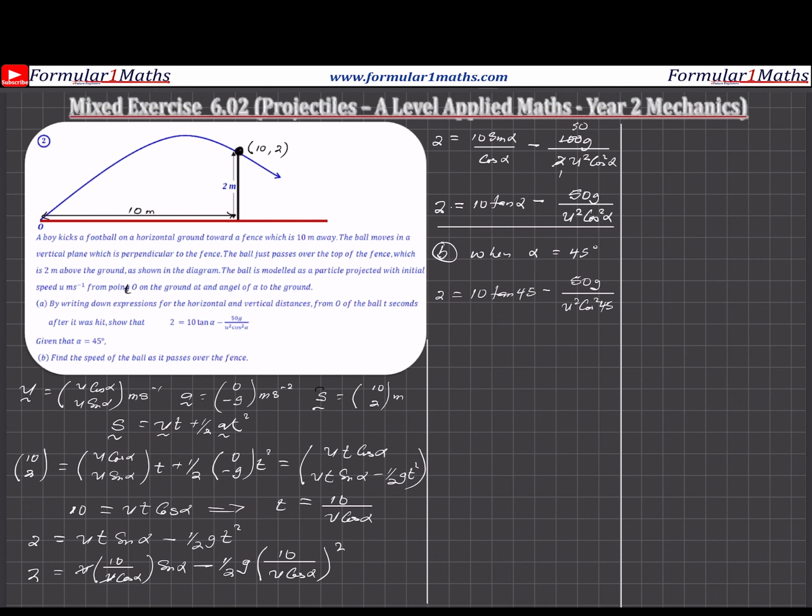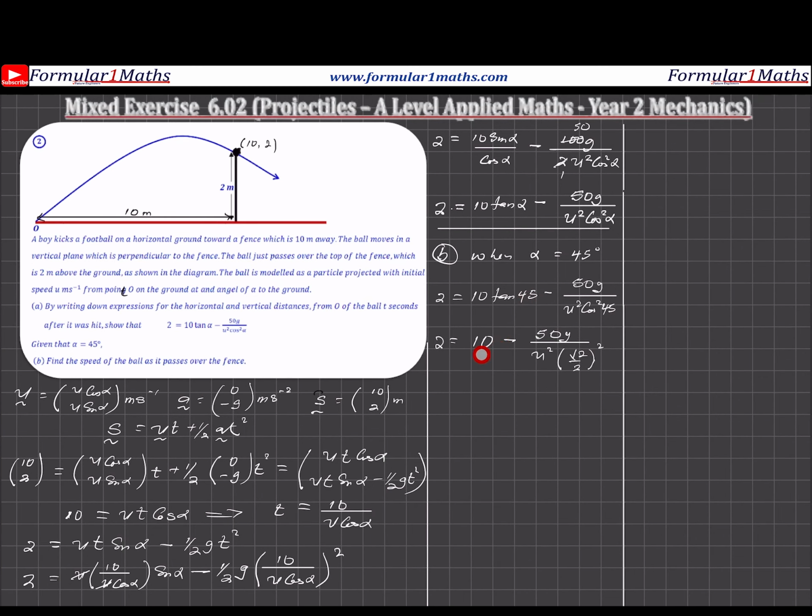That will be the same as 2 is equal to 10, because tan 45 is 1, minus 50g over u squared, and cos 45 is root 2 on 2, so that will be root 2 on 2 all squared.